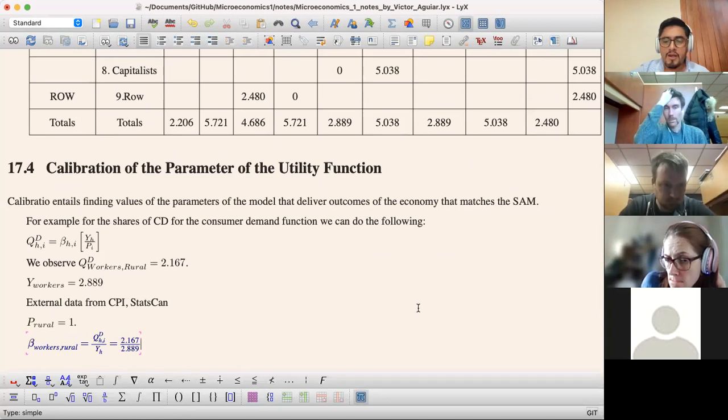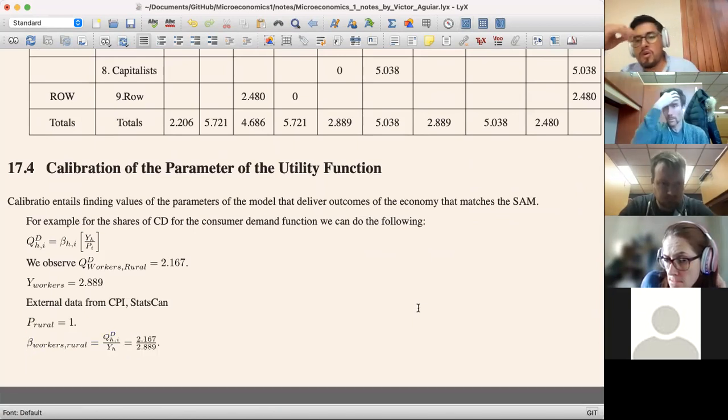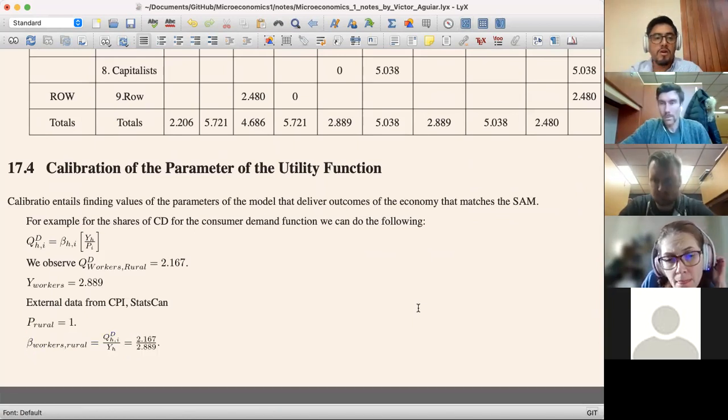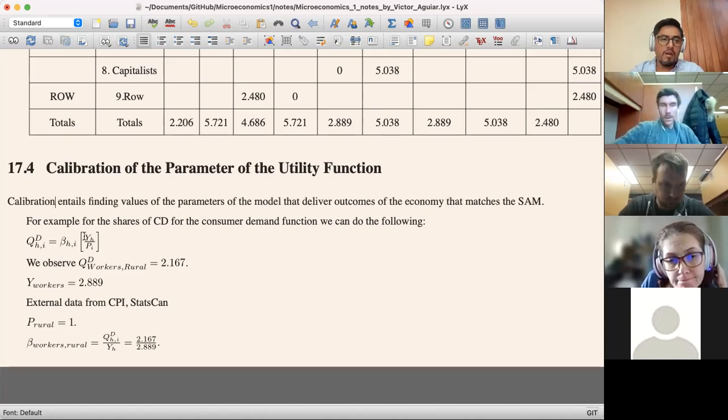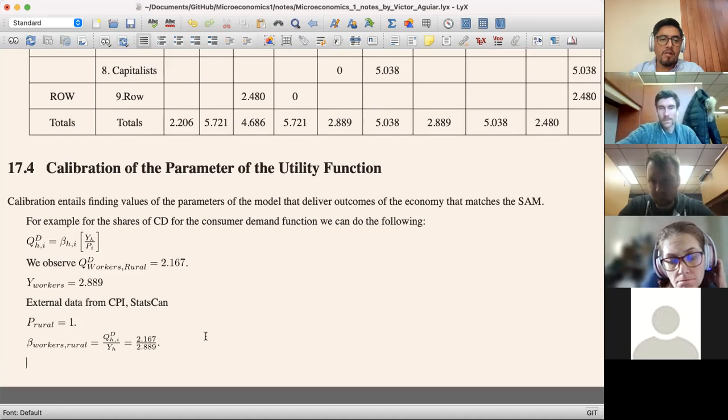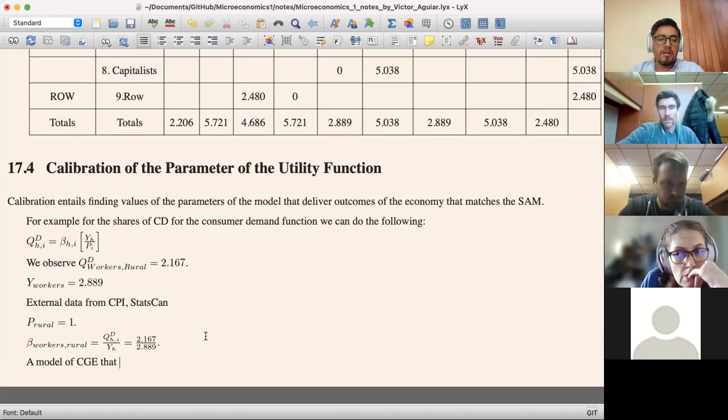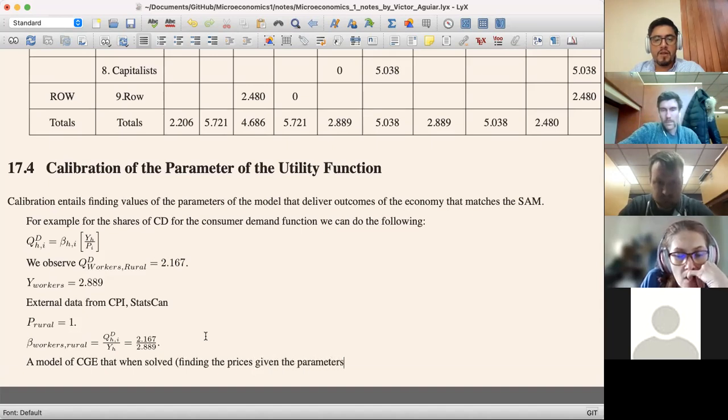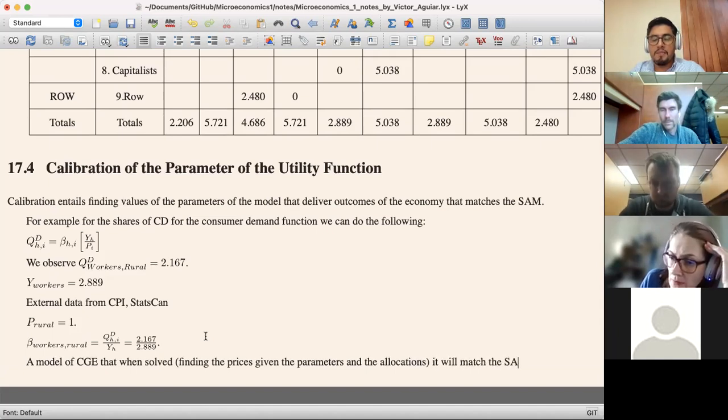This process can get very lengthy, but once you have done it, you have obtained a calibrated model. So the result of this calibration is essentially a model of general equilibrium that, when solved, finding the prices given the parameters and the allocations, will match the sum.